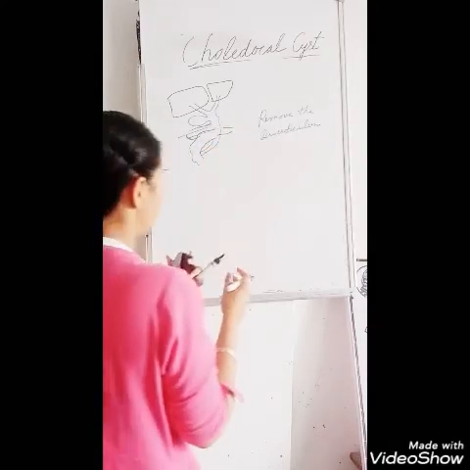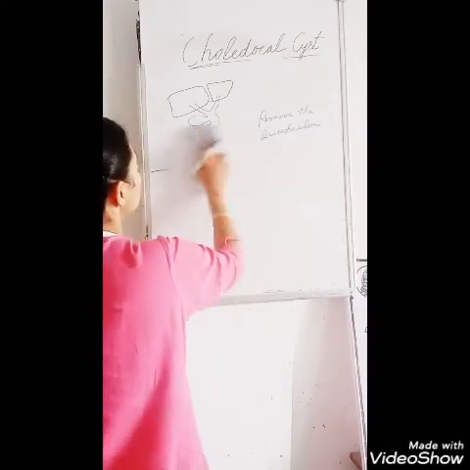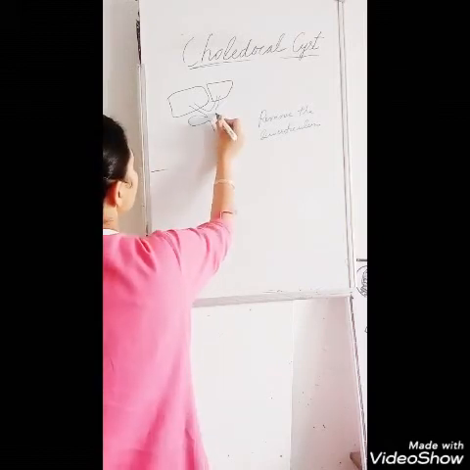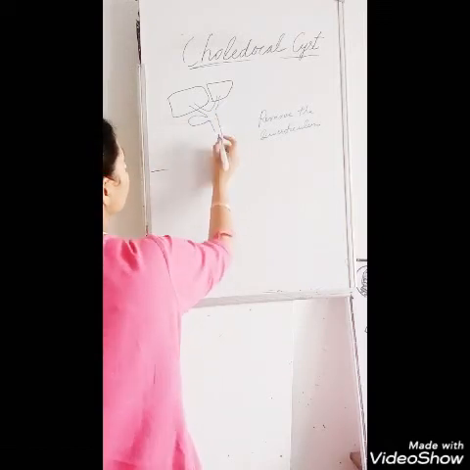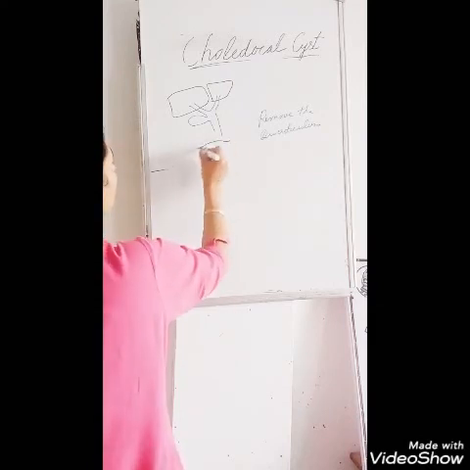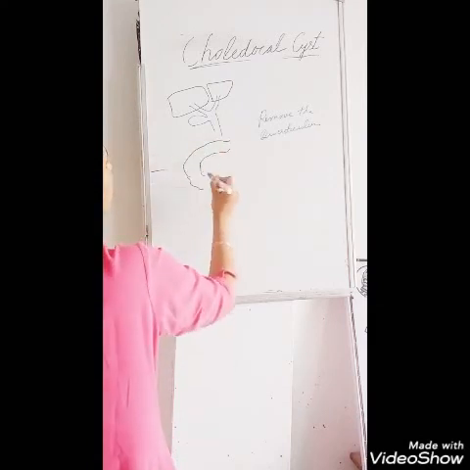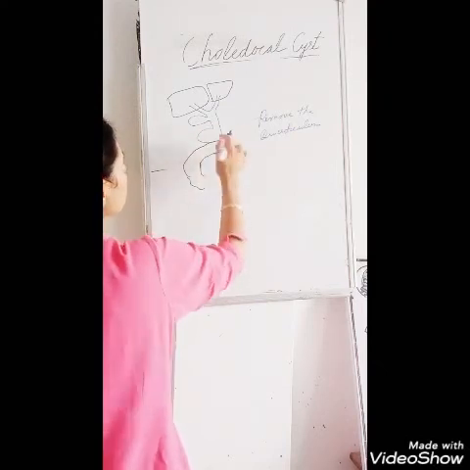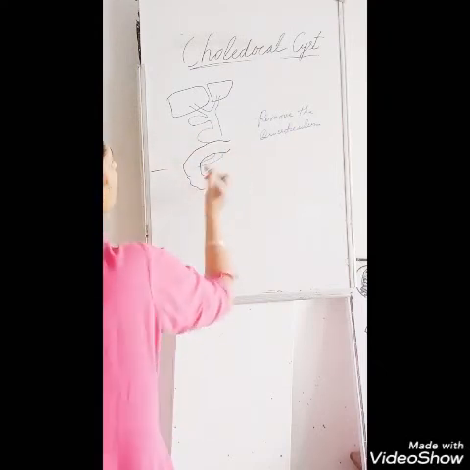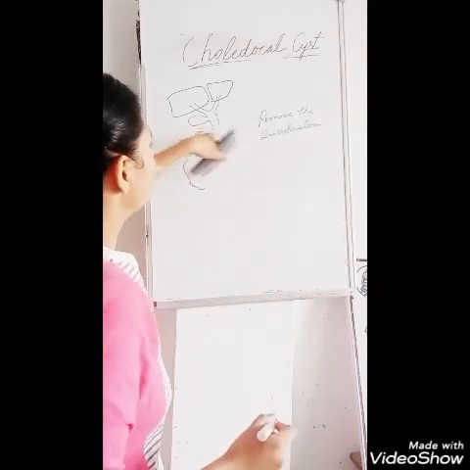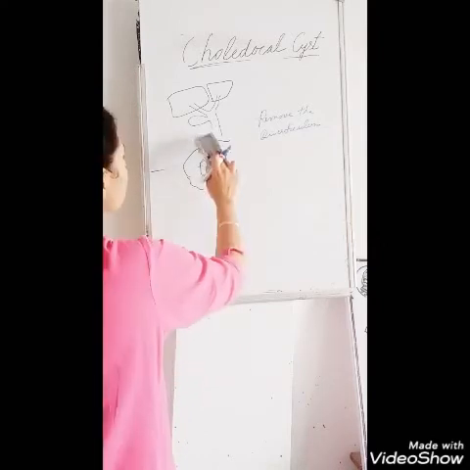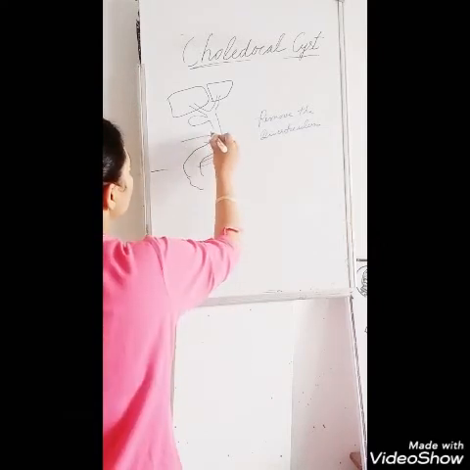So here I am making the diagram again, it will be easy for you. See, this is the gallbladder and this is the common bile duct, this is the duodenum. So here the diverticulum is formed. So we will do what? We will remove the diverticulum, we will excise it, then we will enter the T tube.